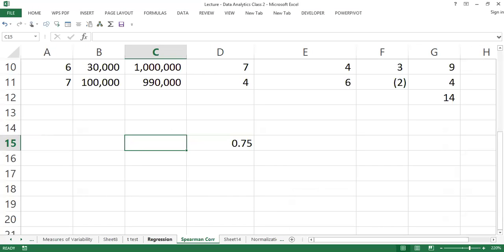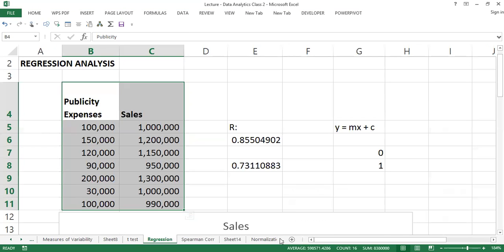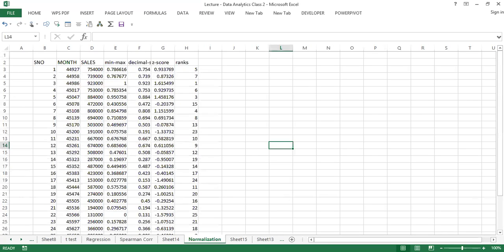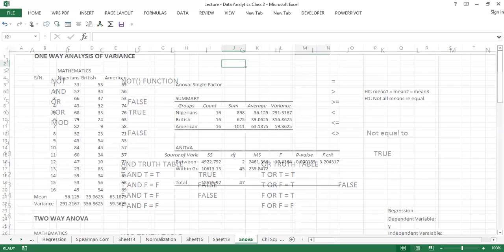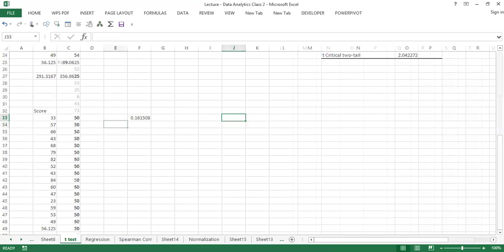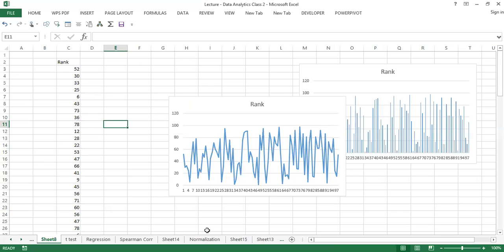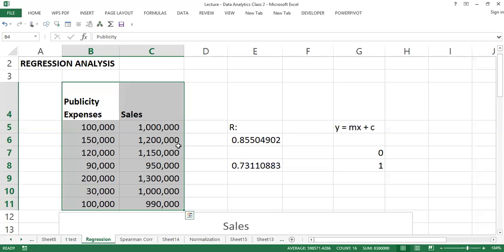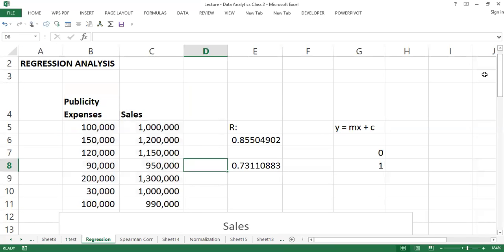Are you seeing a different sheet now? Yes, sir. Okay. So let's see. Let me go to regression. Okay, regression. Okay, now.